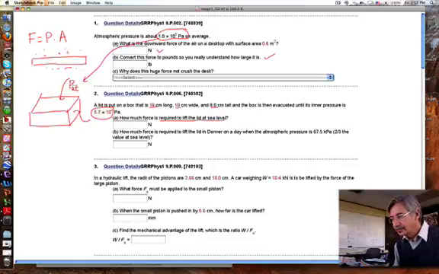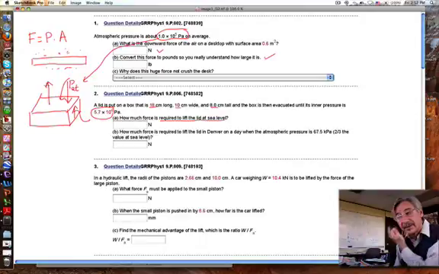So the force that you need to lift this up is going to be the difference between those two pressures. This pressure is associated with a force down, and this pressure is associated with a force up. So the difference between these two, you have to add a force here to lift the lid.